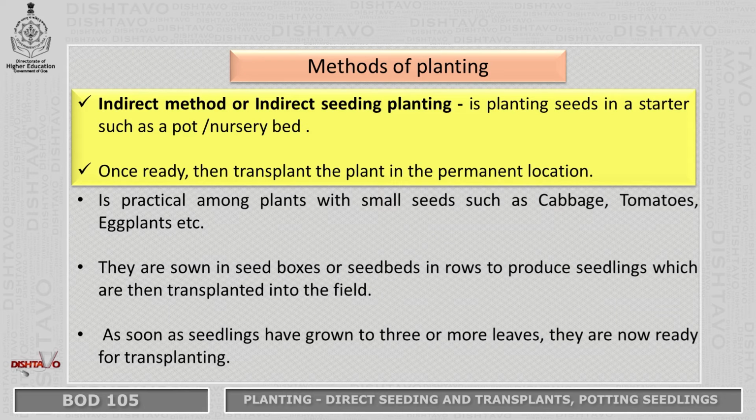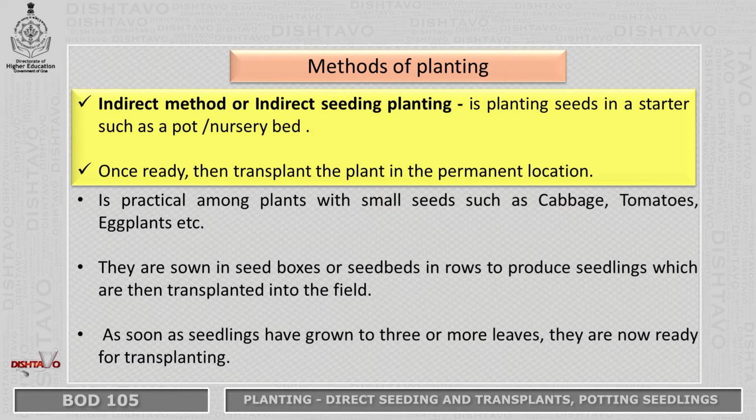Indirect method, or indirect seeding planting, is planting seeds in a starter such as a small pot or the nursery bed. Once ready, the plants are transplanted to the permanent location.